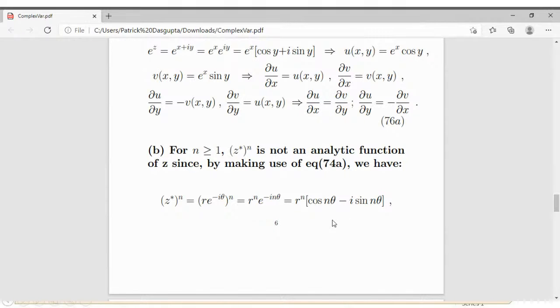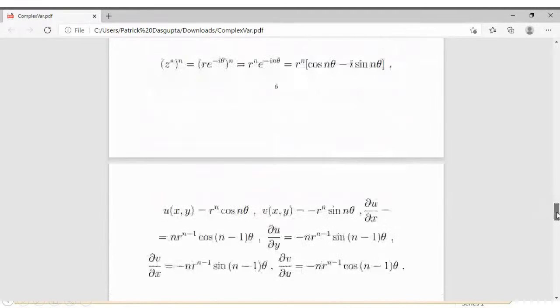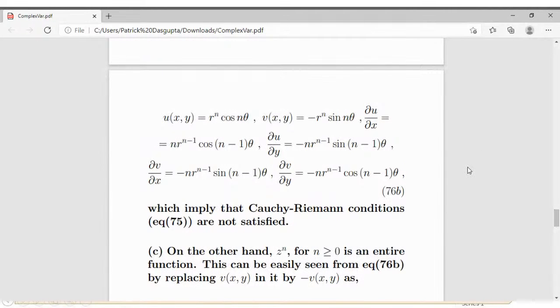In other words, for z to the power n, the real part will be r to the power n cos n theta, while the imaginary part will be r to the power n into sine of n theta. So therefore, v will become negative. When v becomes negative, then as you can see, the Cauchy-Riemann conditions will easily be satisfied.